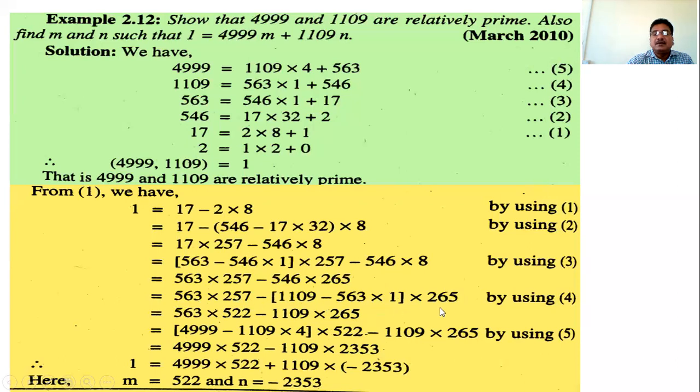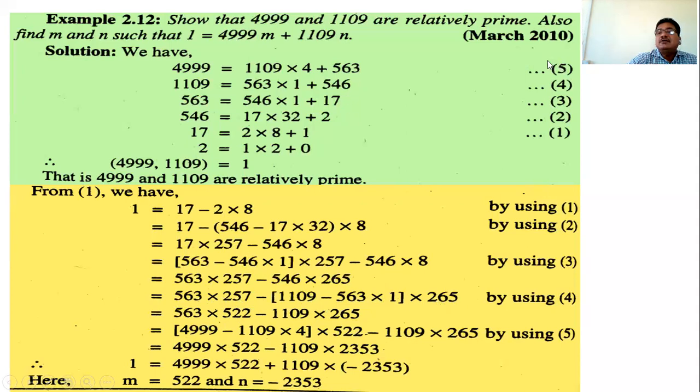Add these two 563s into 257 and 265, that is 522.